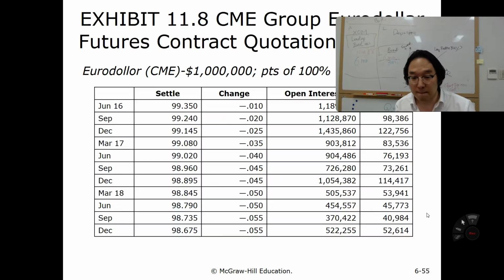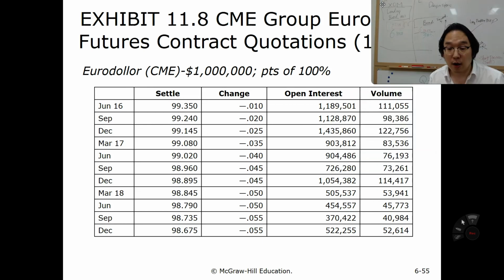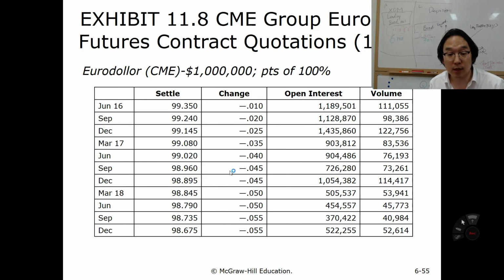CME Group Eurodollar futures contract quotations are shown over here, with the Eurodollar $1 million unit and the points of 100%. You can see the table as an example now.